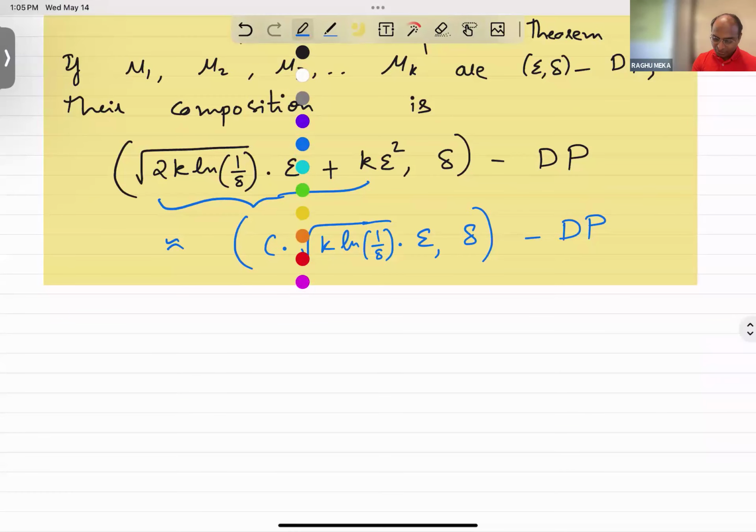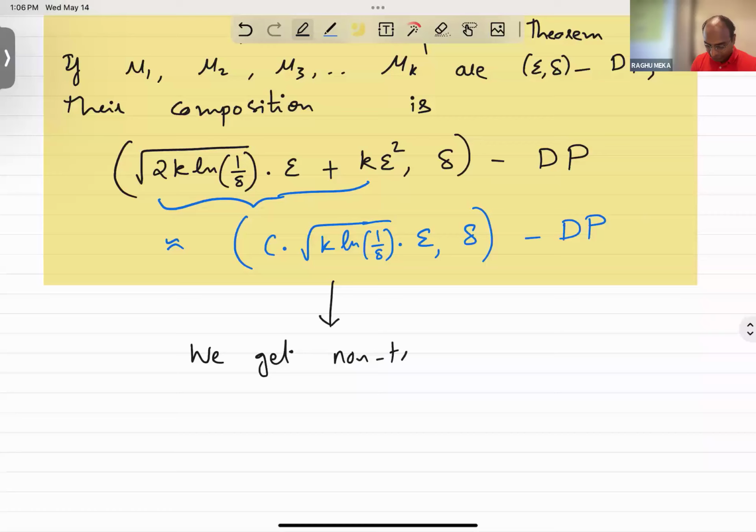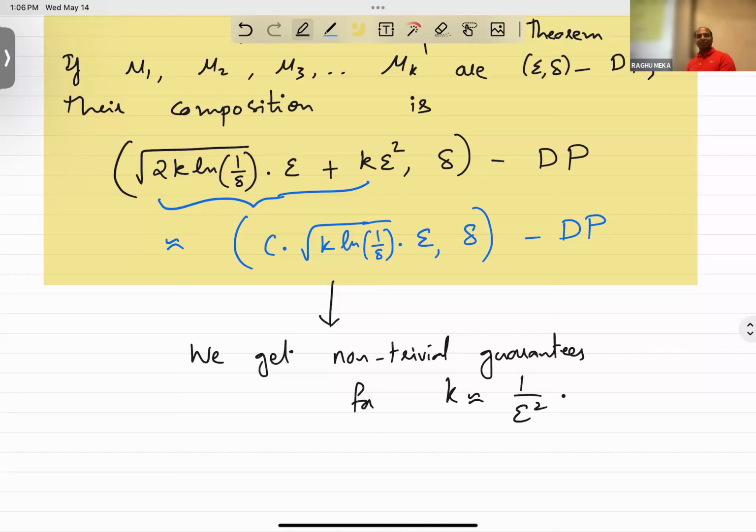So we get non-trivial guarantees for k roughly 1 over epsilon squared. Meaning earlier, if I started out with epsilon being 0.01, I could only do this 100 times before my privacy guarantee went away.